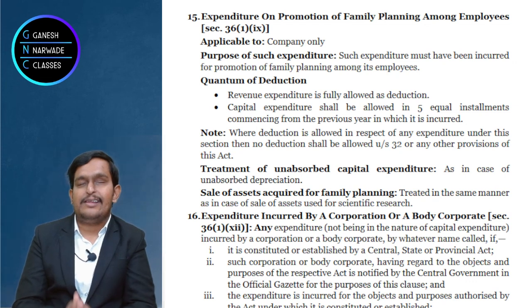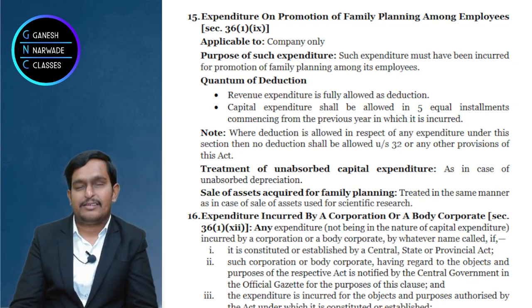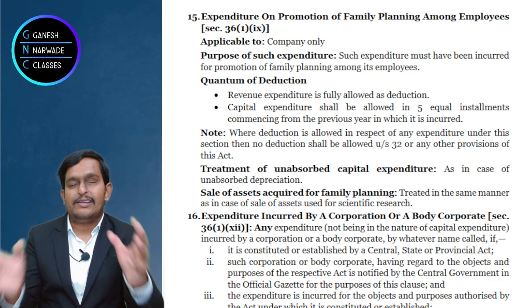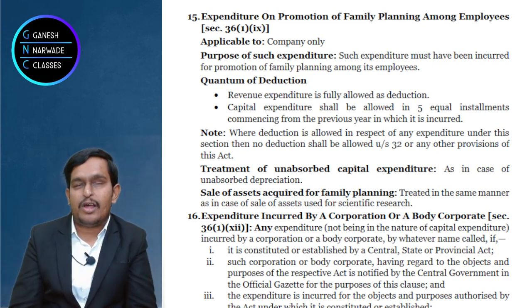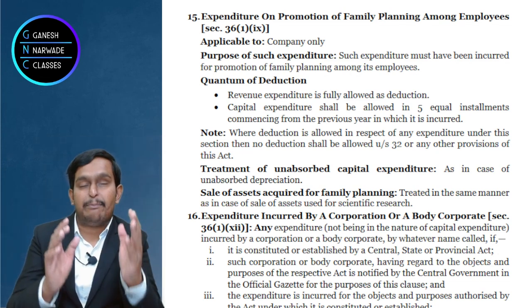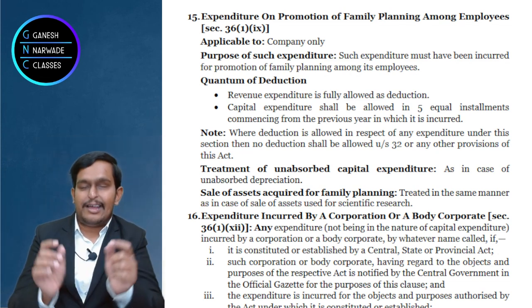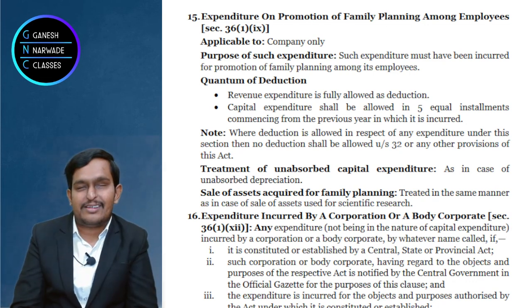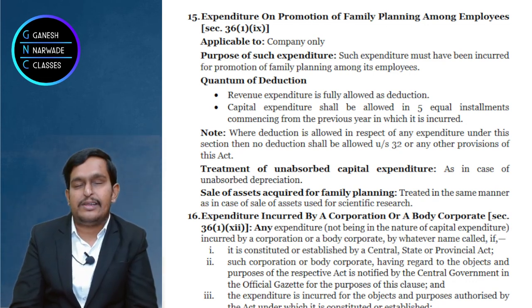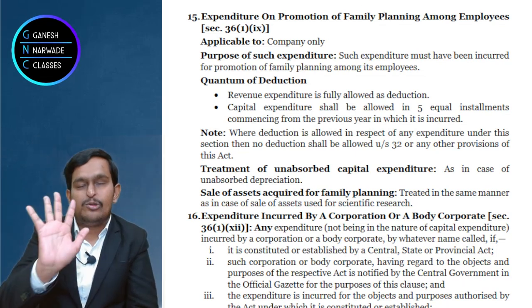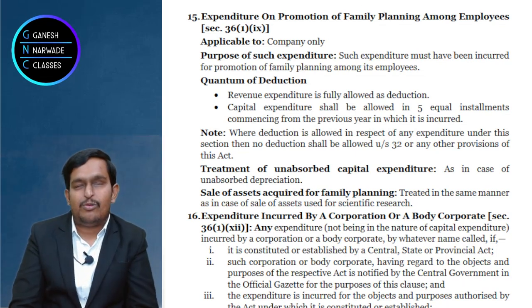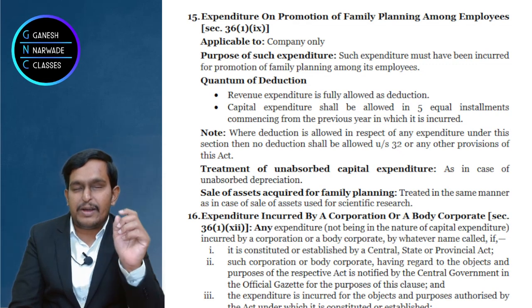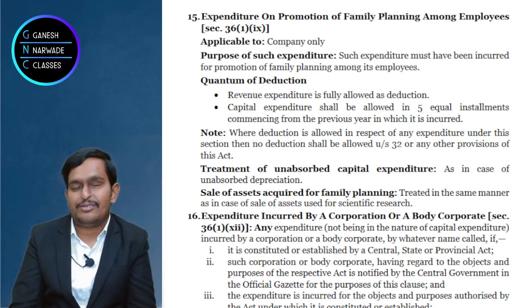If the expenditure is capital in nature, like purchasing equipment for all the surgeries, right? Deduction is allowed, but in 5 equal installments. For capital expenditure, deduction is allowed in 5 equal installments. For revenue, 100% in the same year itself.